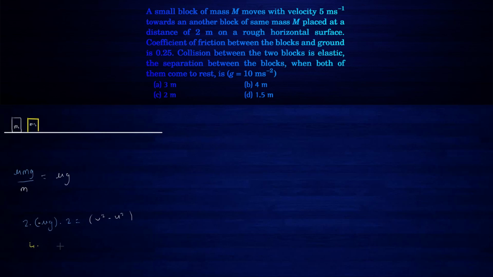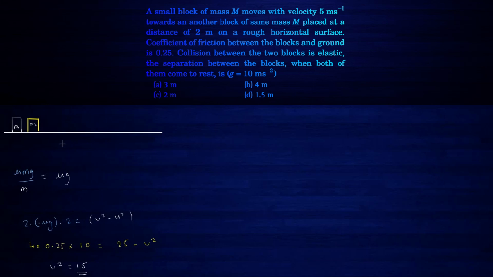So 4 into 0.25 into 10 equals 25 minus v square. So v square is going to be 15.